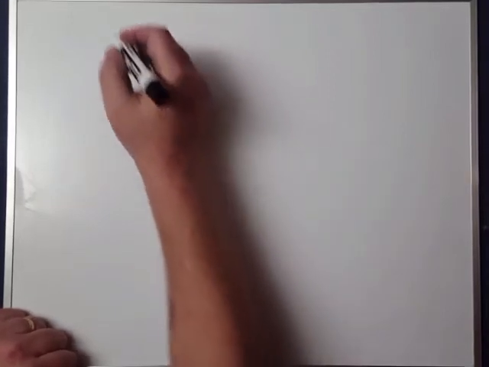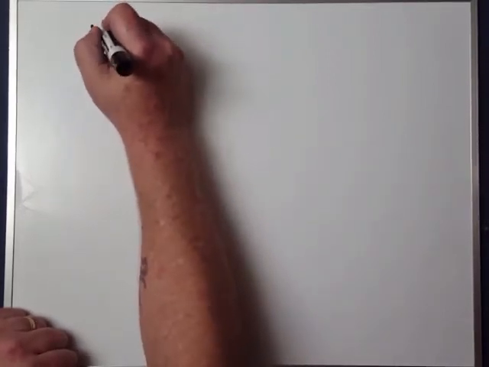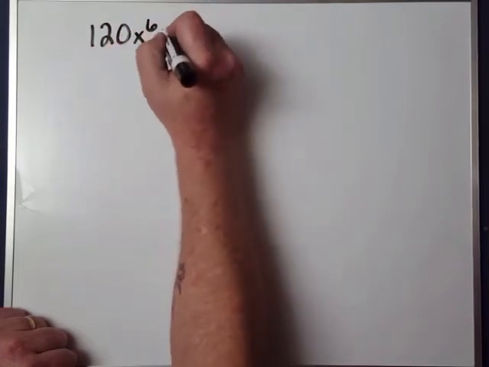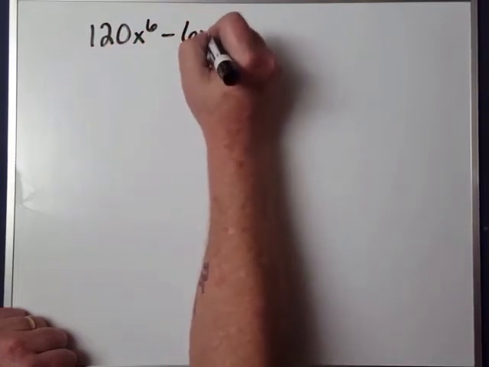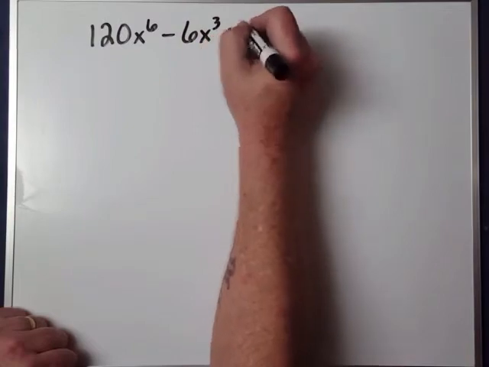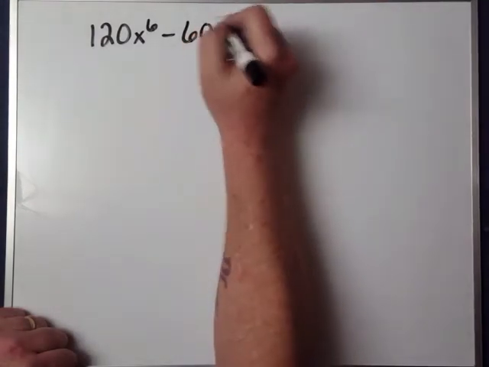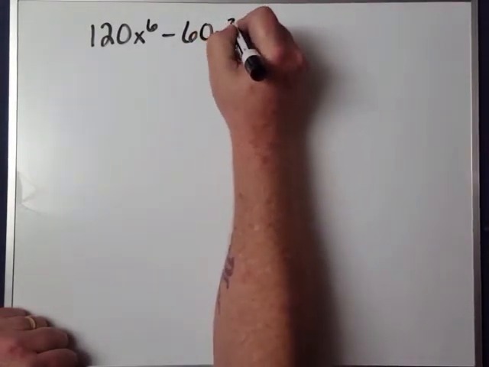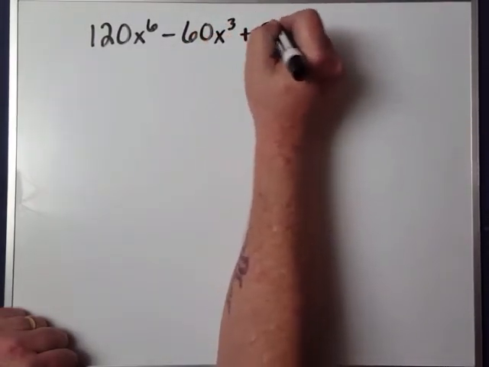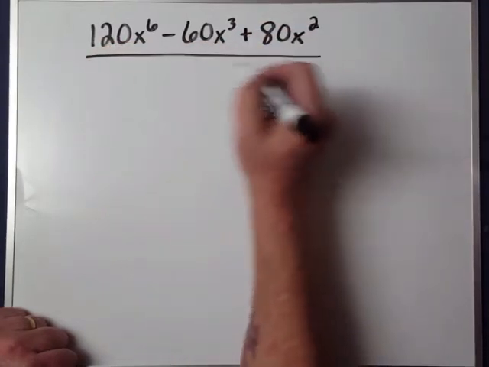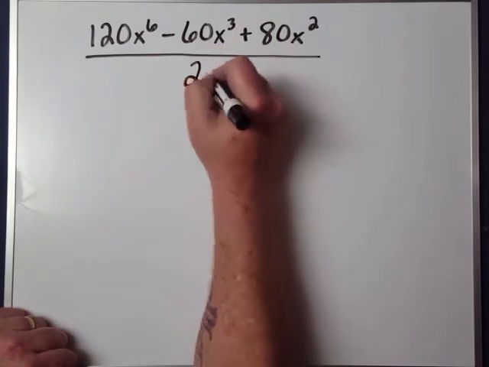We're ready to grab some homework problems. I'm going to start with number 8. And here we have a trinomial divided by a monomial.